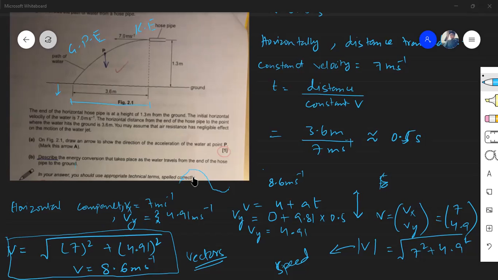So you take the initial velocity in the x direction and the velocity in the y direction.